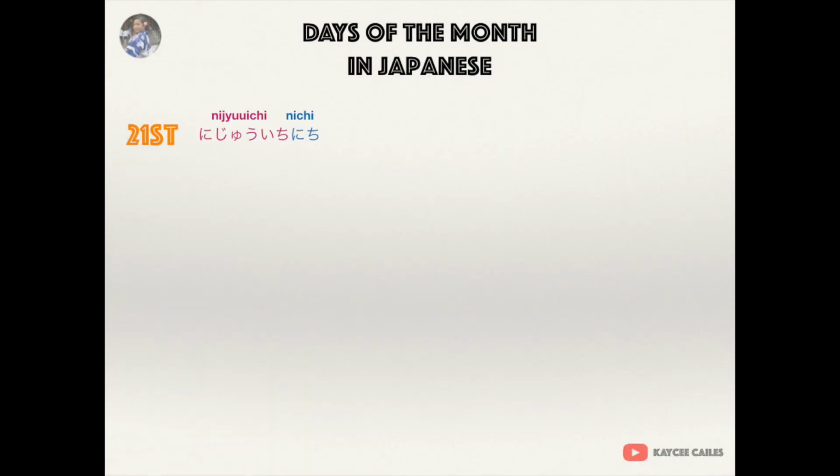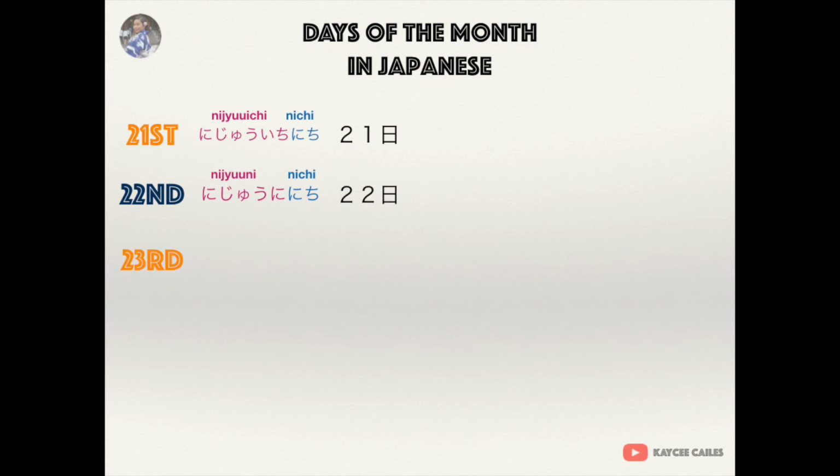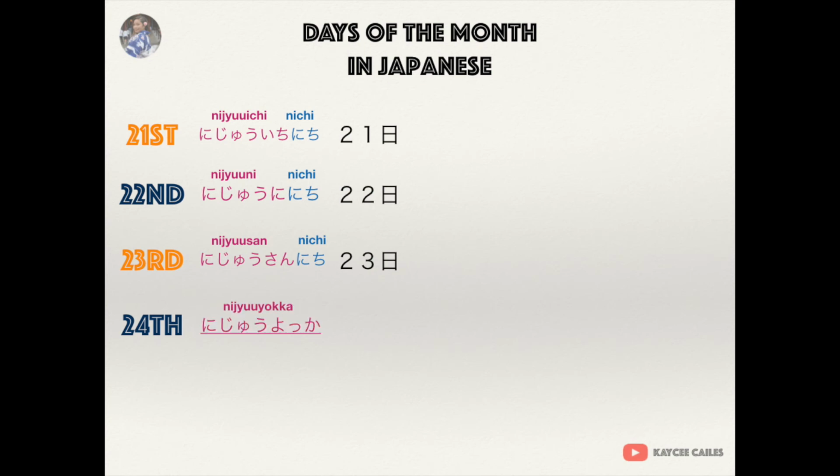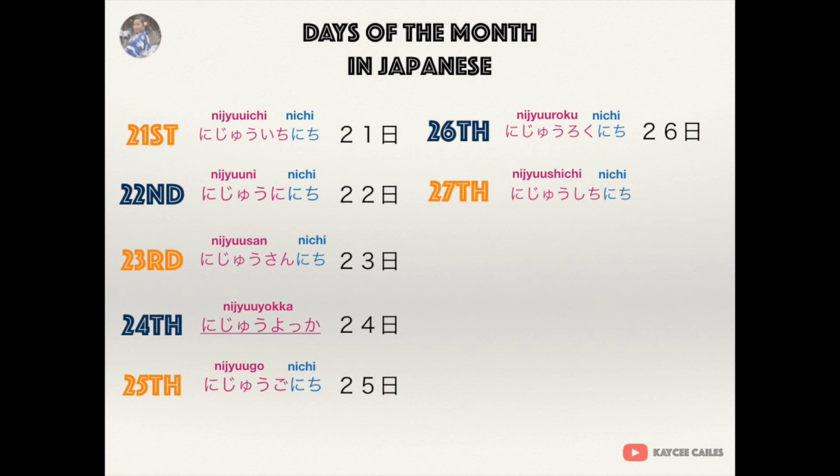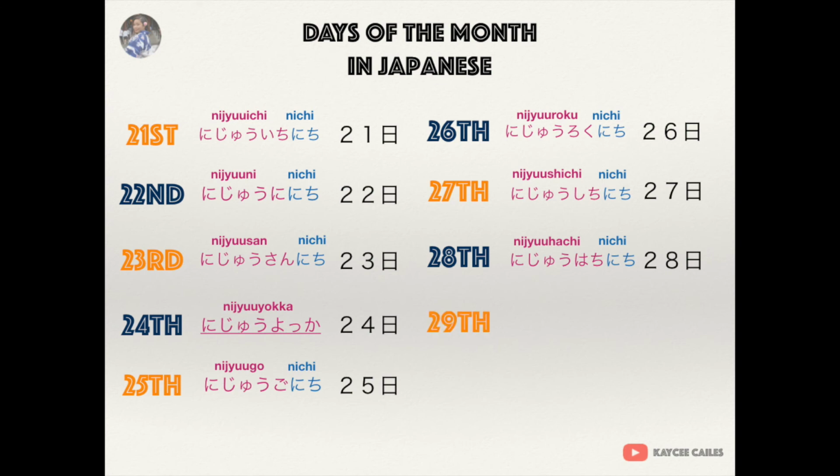21st, it is nijuichi nichi. 22nd, it is nijuni nichi. 23rd, 24th, 25th, 26th, 27th, 28th, 29th, each one followed by nichi.